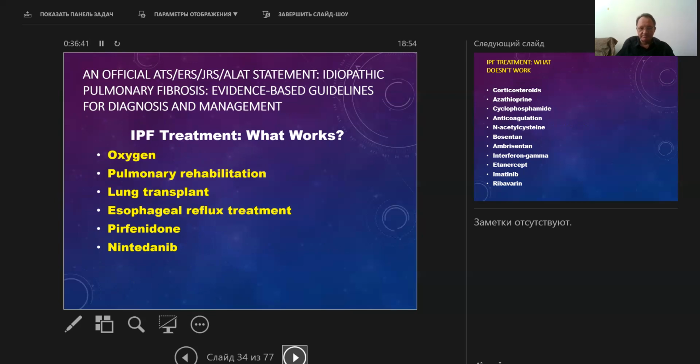Pulmonary rehabilitation is very important, and it has a high level of evidence. But because it's an irreversible process, in the end stage we should think about lung transplantation.